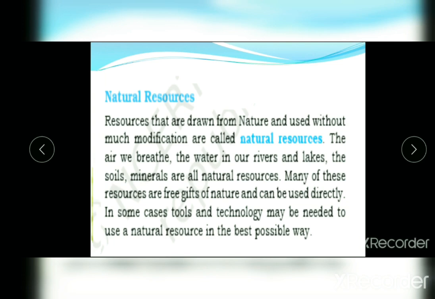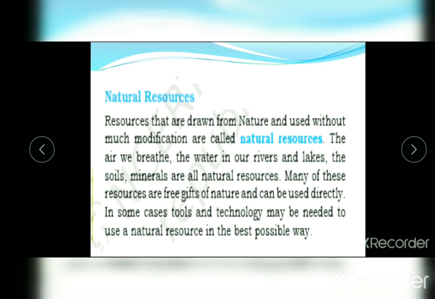The air we breathe means the oxygen, the carbon dioxide, all the things provided to us by nature are natural resources.